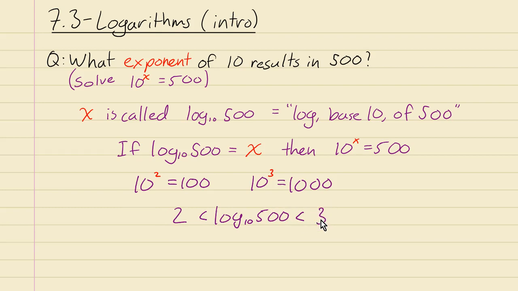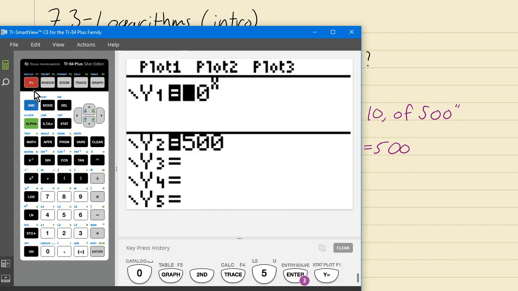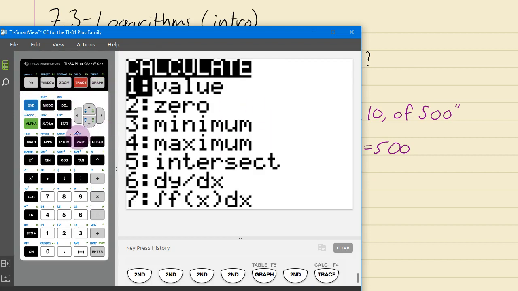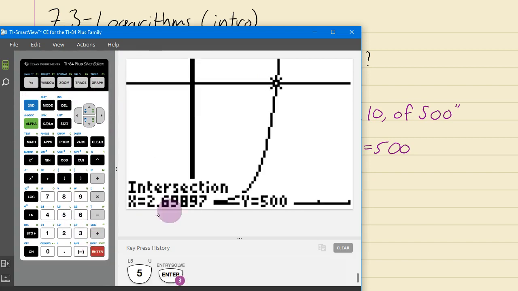And if you wanted to find out what it is exactly, one way you could do it is by graphing on your calculator. Here I graphed y equals 10 to the power x, and also y equals 500. When you go to the graph, it looks like that, and you can use the intersect method like normal to find the intersection point, which is about 2.6897.